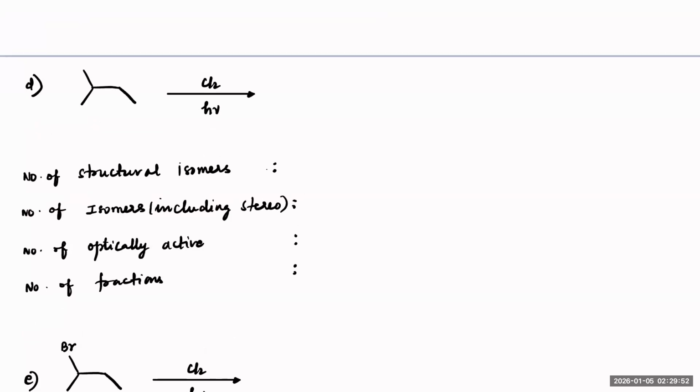So first, I'll put out few skeletons here. I think 4 skeletons are enough for this one. So I can start chlorine from here, here, here, and here. So it covers all the structural cases. So structurally you can have 4. Now you notice that there is a chiral center here and one more chiral center here.